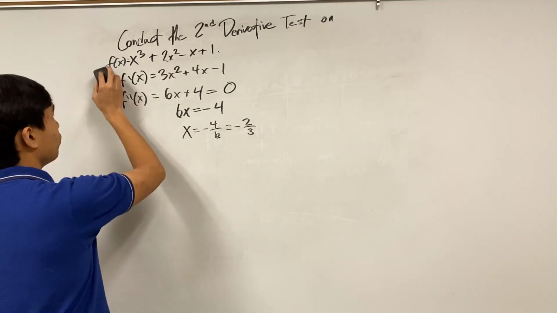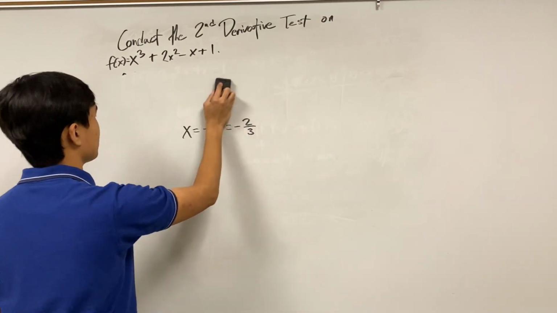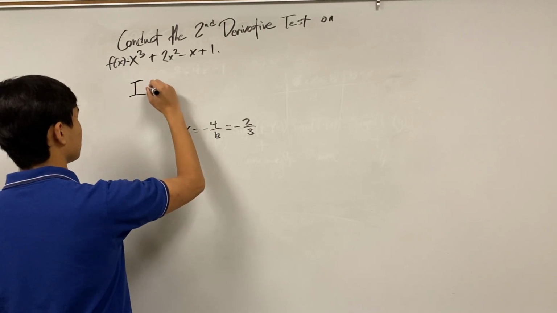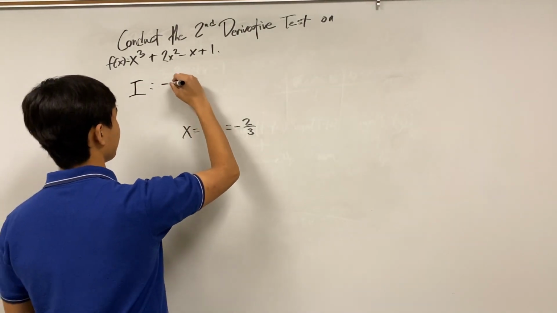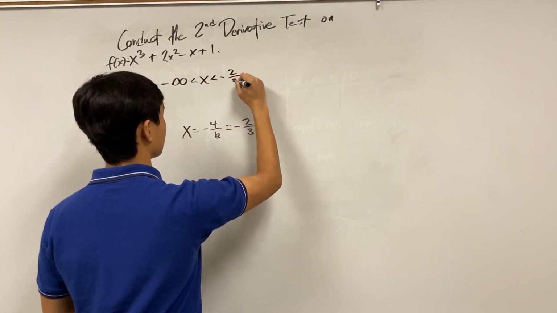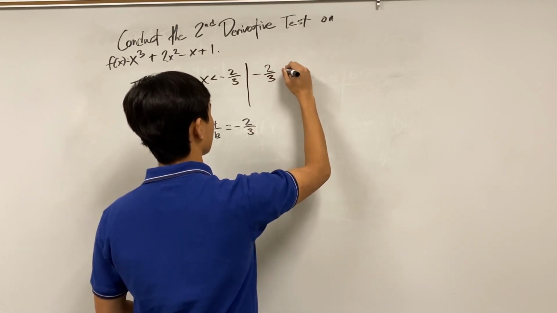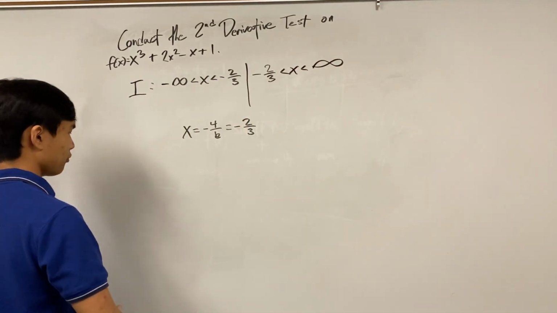So with this information, I'm going to make my intervals go from negative infinity to negative 2/3 and negative 2/3 to infinity. Right?